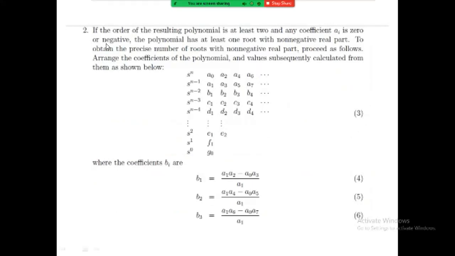Similarly, the second term a1 should be 1, so that the poles of the particular system we can easily obtain. Each and every equation can be obtained by placing a simple matrix, and we can easily get the values of b1, b2, b3, similarly the values of c1, c2, c3 and the values of d1 and d2.